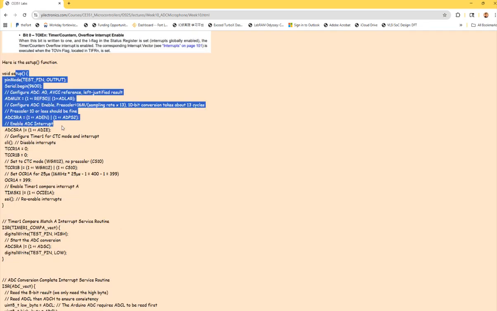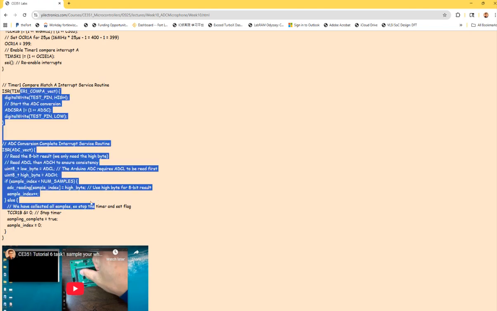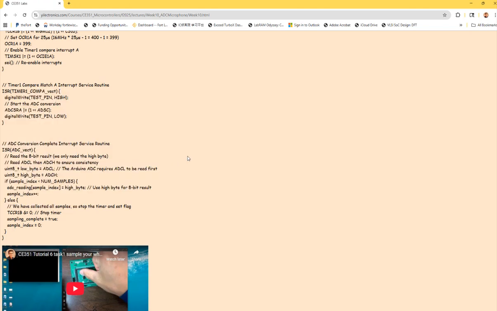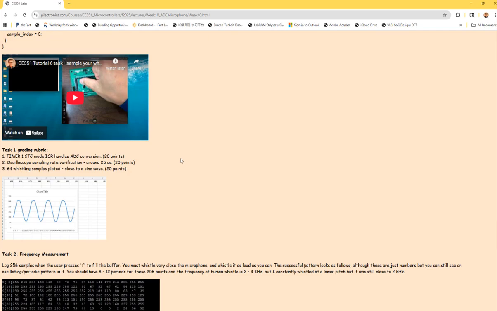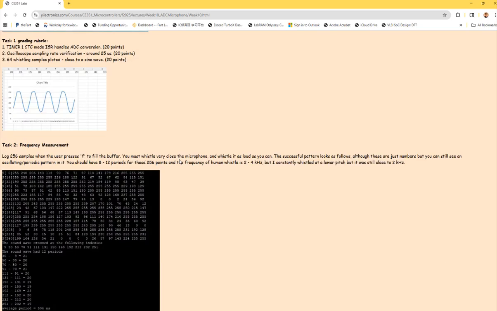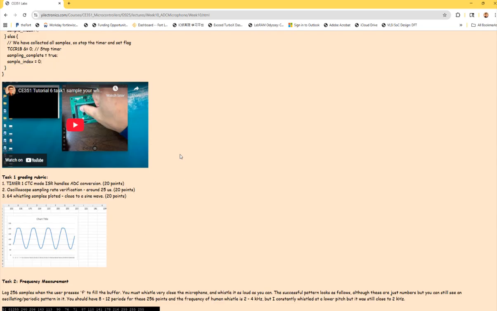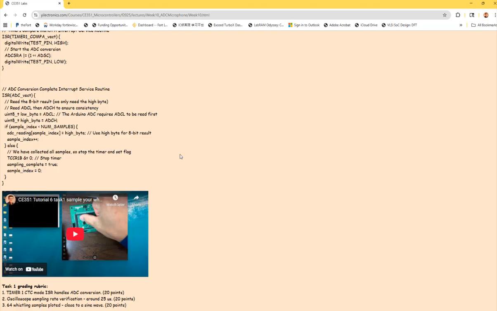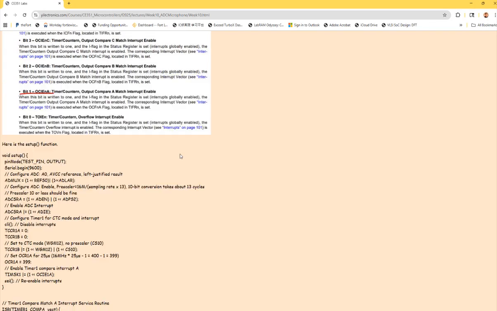The setup is given, the timer ISRs are given, so you just need to do some work on the variable declarations, okay? For this one, it's not tricky at all, right? And then for task 2, the difference between task 1 and task 2 is that task 1 is only recording, I think, 16 variables. Let me see, I couldn't remember, but it doesn't really matter.